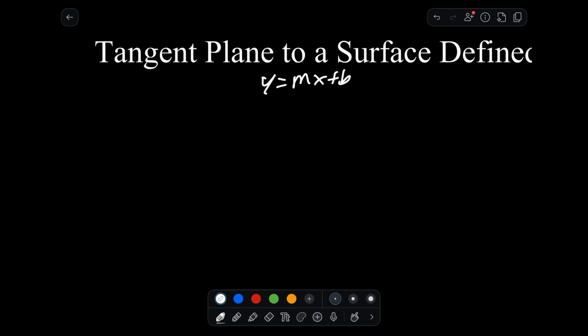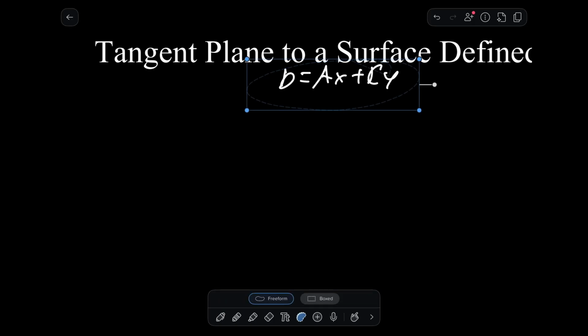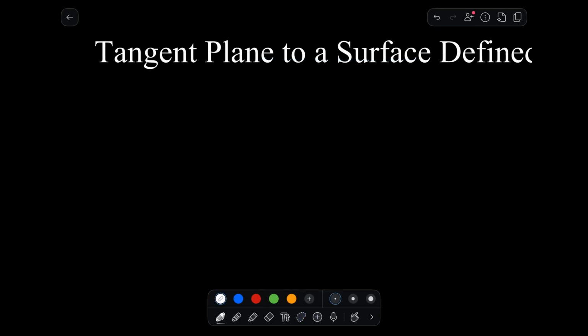However, we've been usually working with explicitly defined curves like this, z equals some ax plus by. And we're going to work on a pretty cool shortcut that can help us convert from implicitly defined to explicitly defined curves.